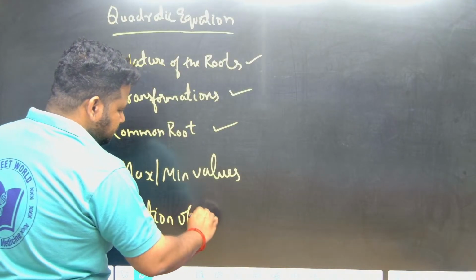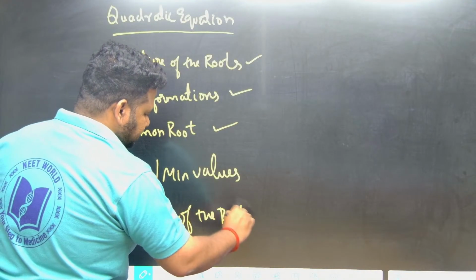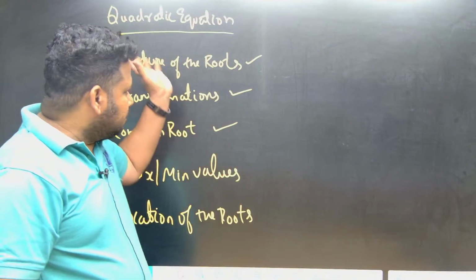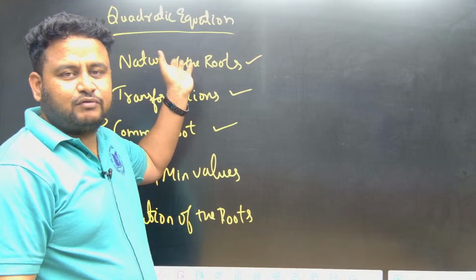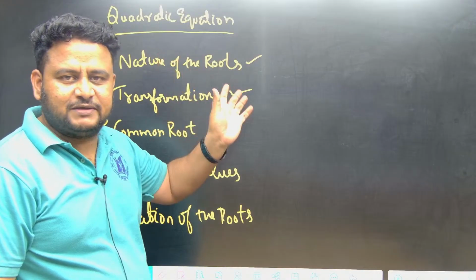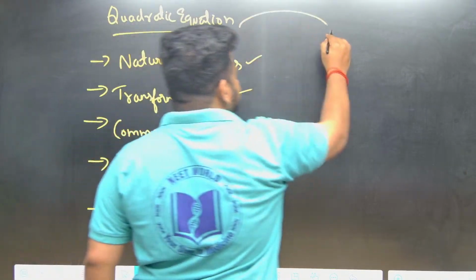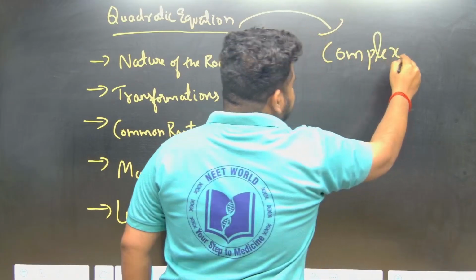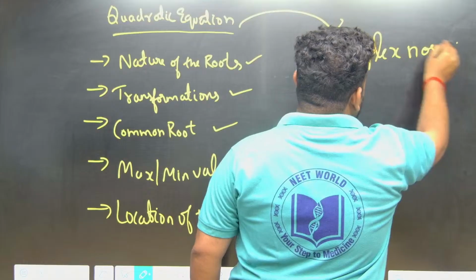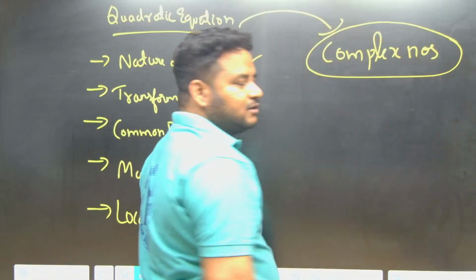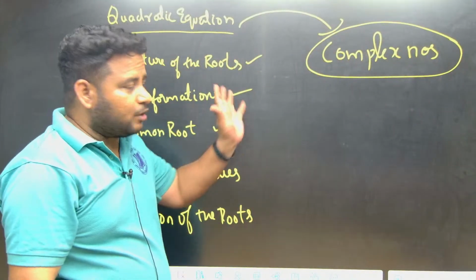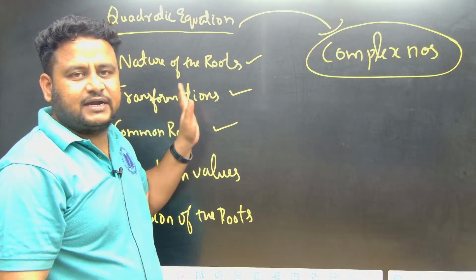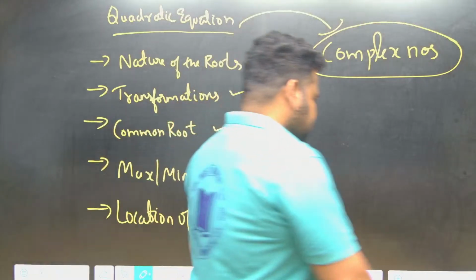Quadratic equation is also highly important because it is the foundation for the next topic, complex numbers. Without the basics of quadratic equation, you cannot understand complex numbers. Why complex numbers evolved as a topic, you will understand if you know quadratic equations, which you learn in today's class.